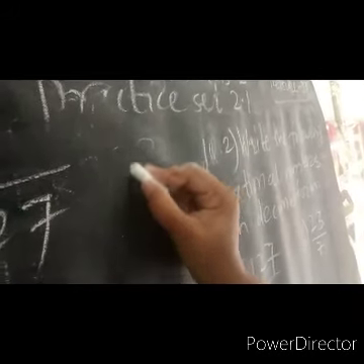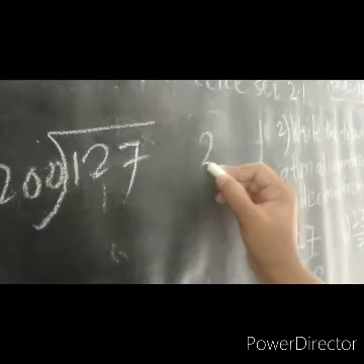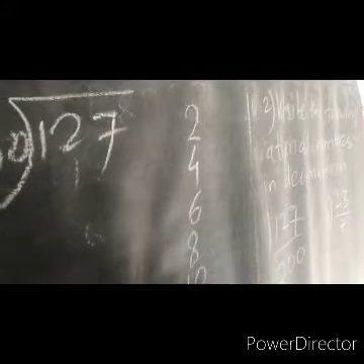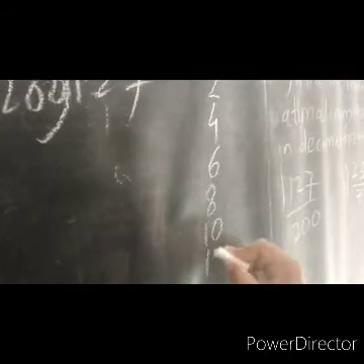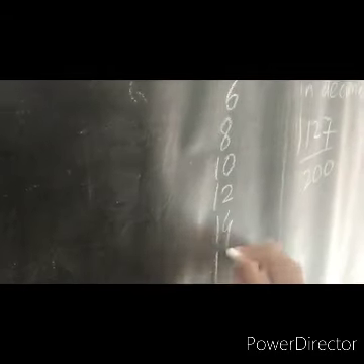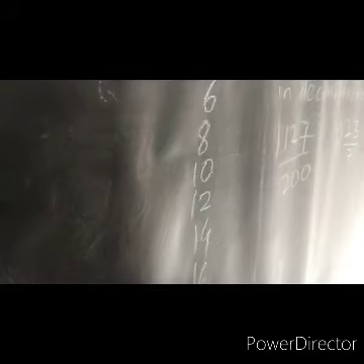Now we know the 2 table. 2 ones are 2. So first you have to write the 2 table. 2 2s are 4, 2 3s are 6, 2 4s are 8, 2 5s are 10, 2 6s are 12, 2 7s are 14, 2 8s are 16, 2 9s are 18 and 2 10s are 20.